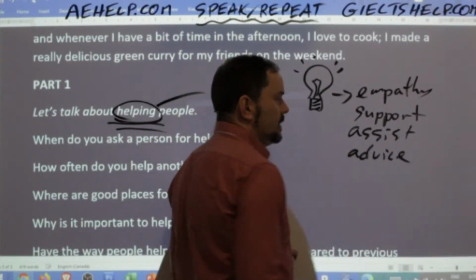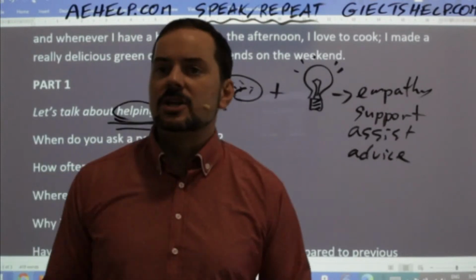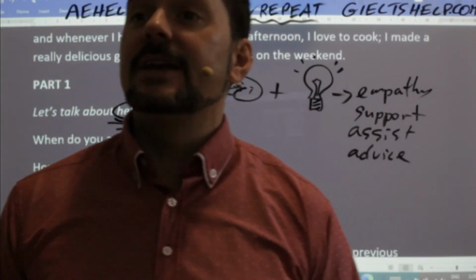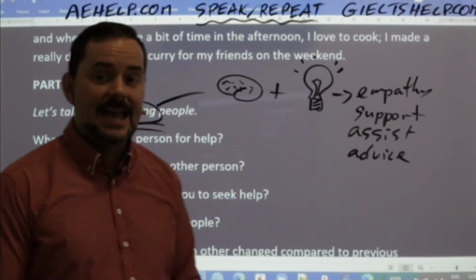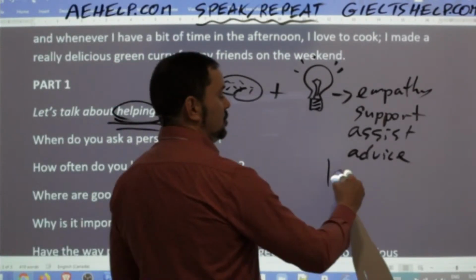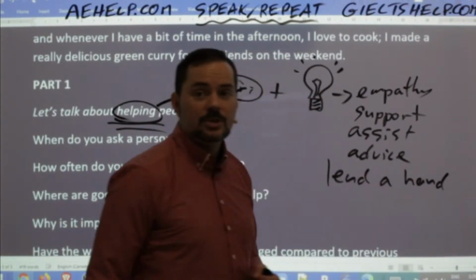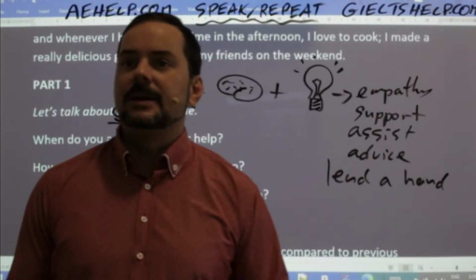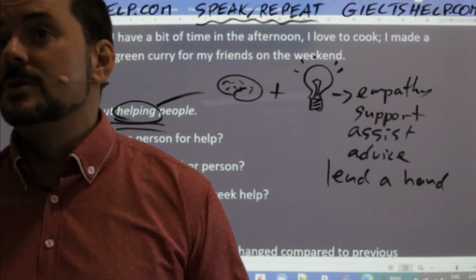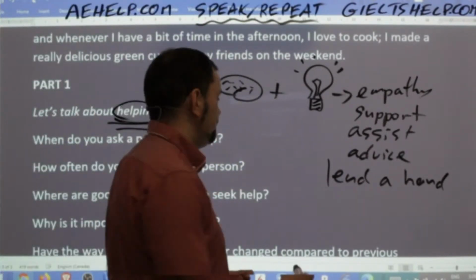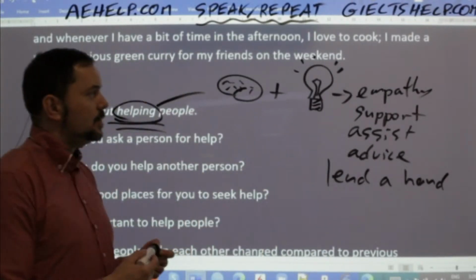And I highly recommend doing this kind of association at home, okay? Need, giving hand, helping hand, lend a hand, right? That's a good one. Lend a hand, which is a nice idiom for helping, okay? Jen says communicating, okay? Charity, donation, yeah, right? So all of those words, okay?